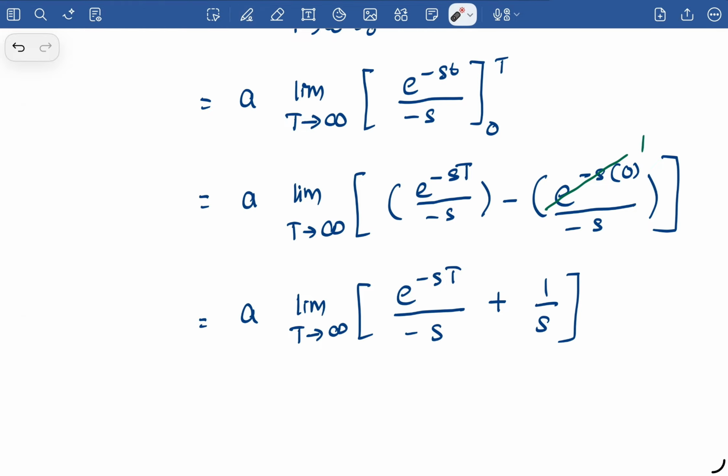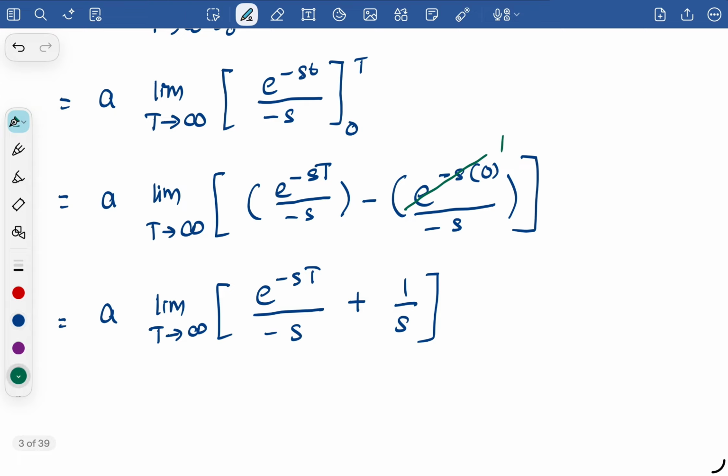Now, how about this one? What is the value that we should get for e^(-sT), where the big T here tends to infinity? I think in the first or second chapter, we already saw the value. So e^(-sT) is equal to 1 over e^(sT).